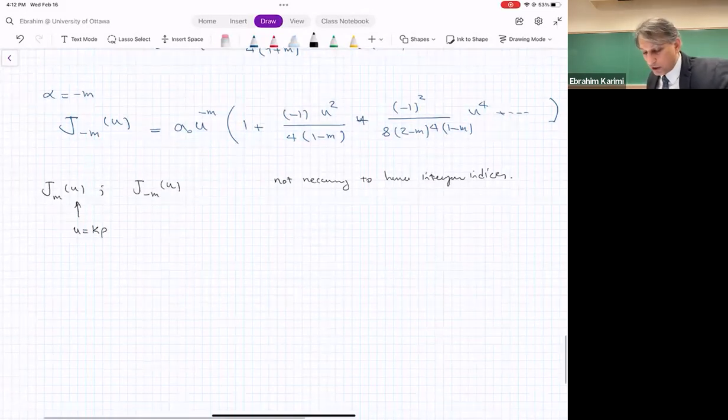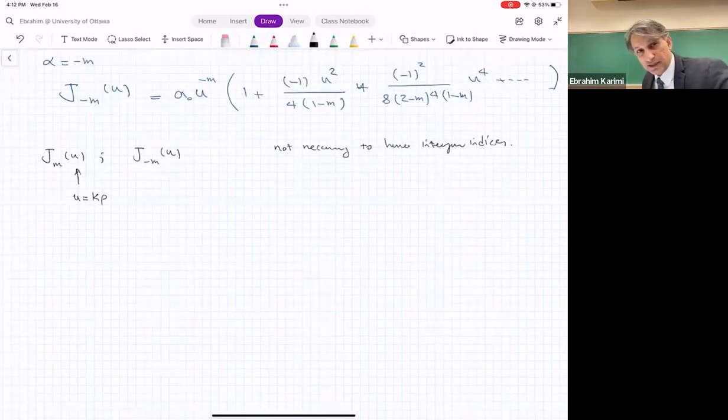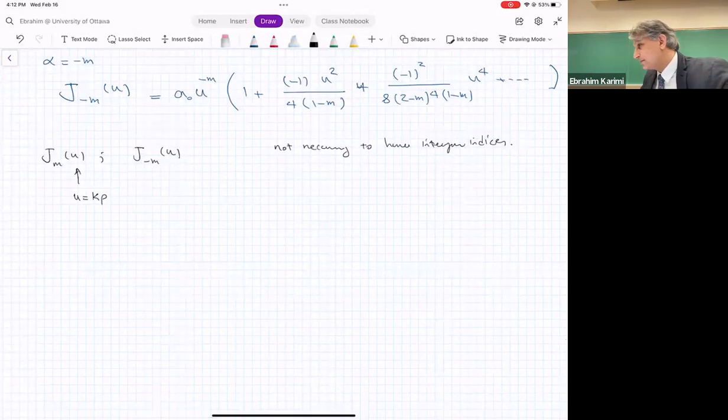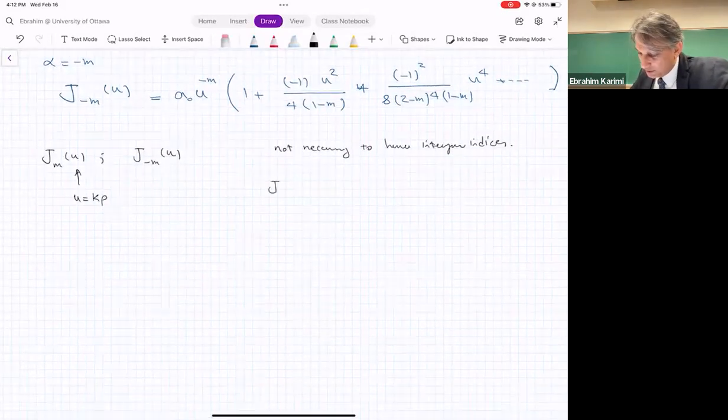So these two, we call them Bessel functions. Essentially it is a differential equation of second order, so you expect two different functions to be the solution. We find Jm and J minus m, but surprisingly, Jm and J minus m are linked to each other.